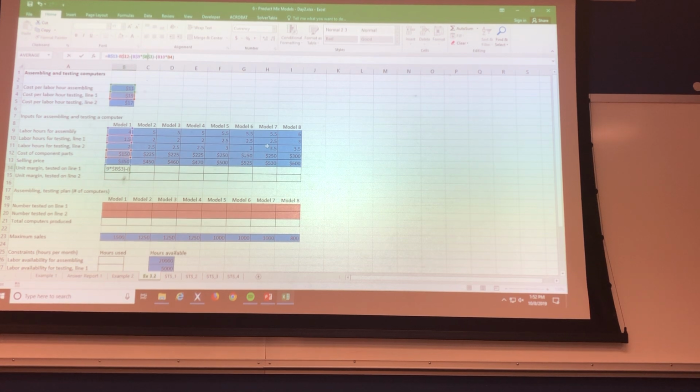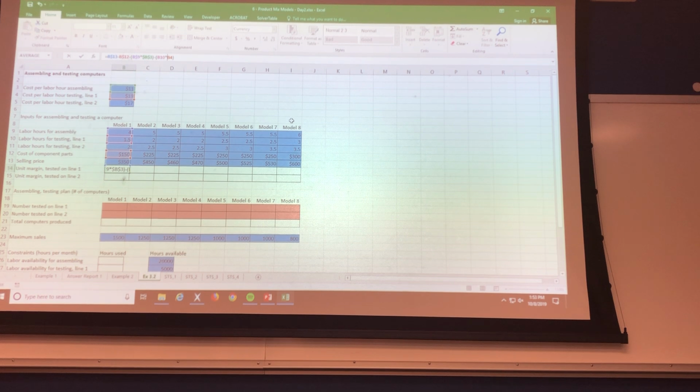Okay, what about the B4, which is a reference right here to the labor rate for testing on line 1? It's just in front of the B. Because the 4 part of it is like we were just talking about, shifting from line 1 to line 2, so moving down is good.